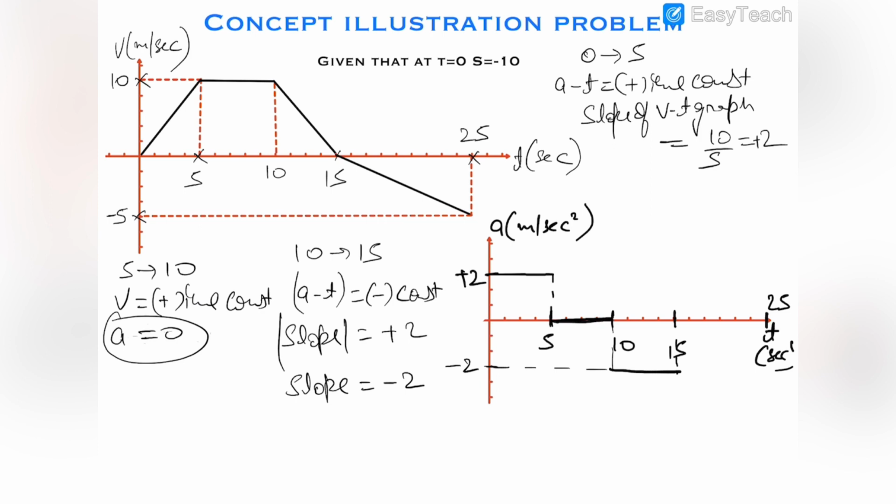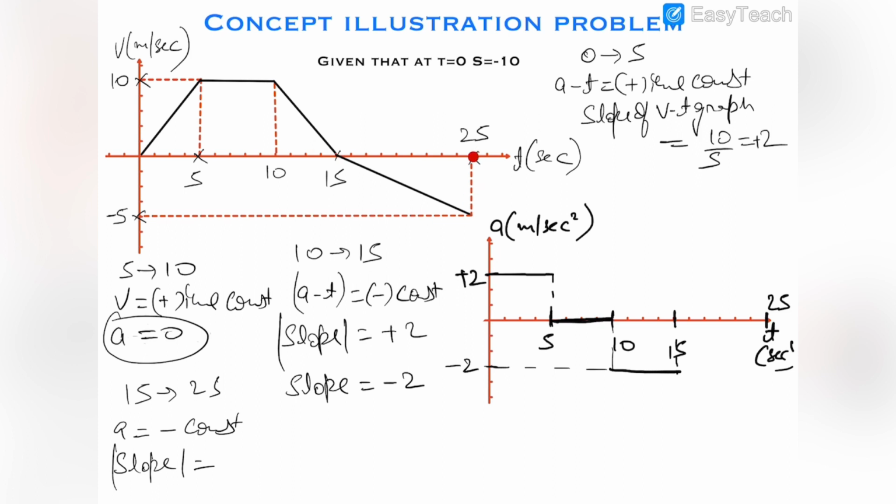And in the last time slot, which is from 15 to 25, VT graph is again a straight line going in the downward direction, so acceleration would be negative constant, and therefore you can find out the magnitude of slope, which is 5 upon 10. This is 5. We are finding out the magnitude only, so you need not take this negative sign.